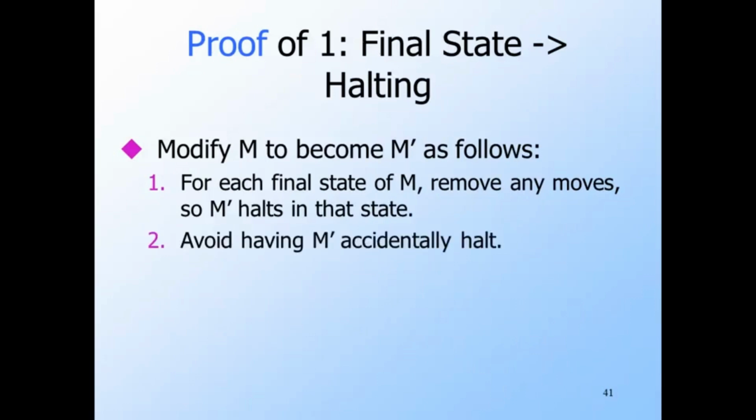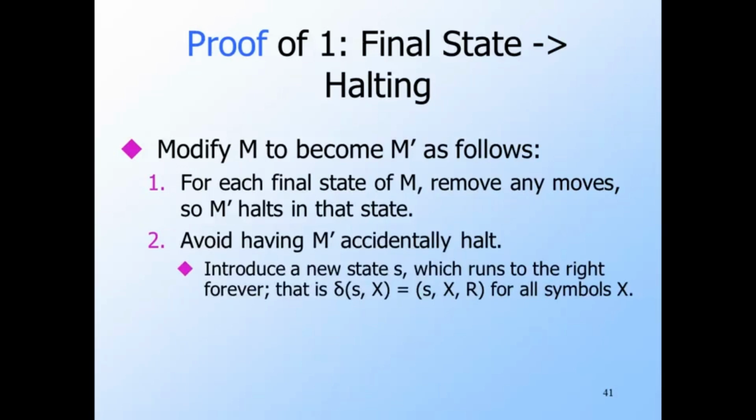But we have to protect against the possibility that M halts without accepting, because M prime would then accidentally accept. So for M prime, we introduce a new state S, whose job is to make sure M prime never halts. Once M prime is in state S, on any tape symbol X, M prime stays in state S, leaves the X as it is, and moves right.